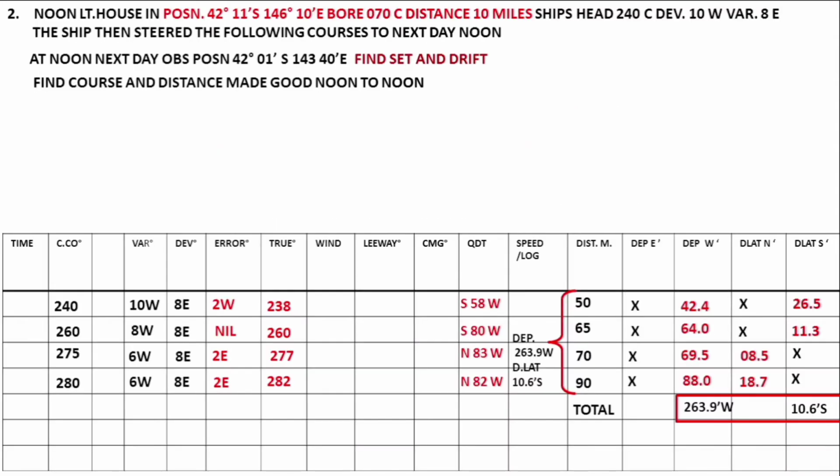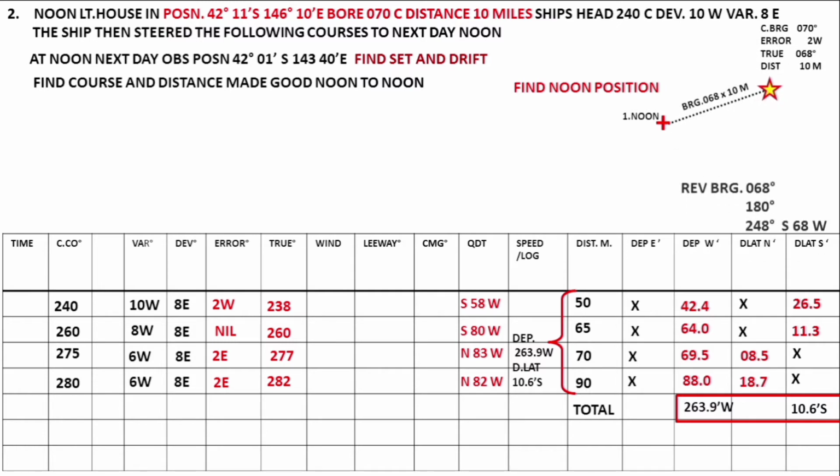So let's start off with finding out the initial position. The lighthouse has been given to me. The position of the lighthouse was given, the bearing was given, and as I said, I will use the reverse bearing as the course. So what I do is take the bearing, add 180. This is my reverse bearing, and that would be my course and distance.